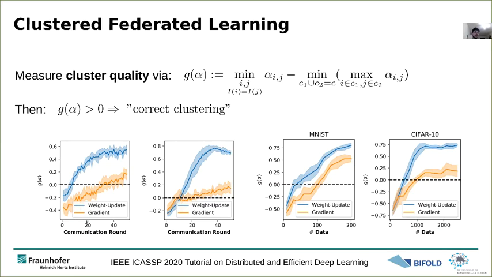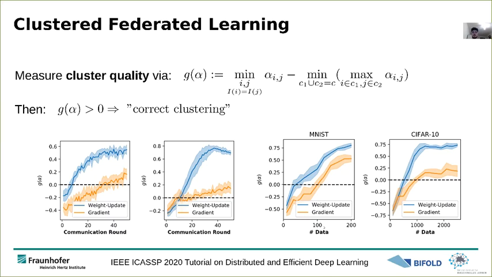But in practice, we find that this is possible already after a certain fixed number of communication rounds. So g of alpha here indicates basically the quality of the separation.